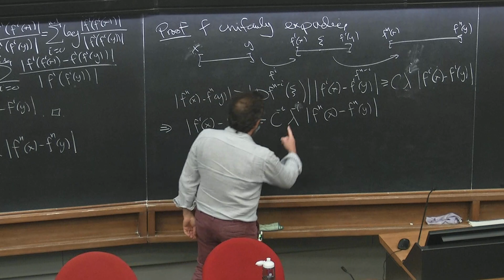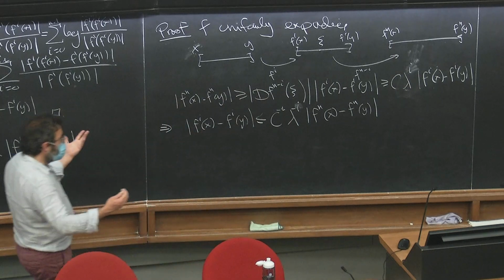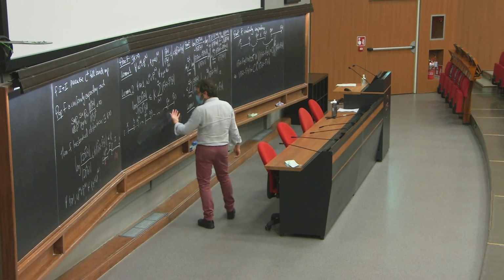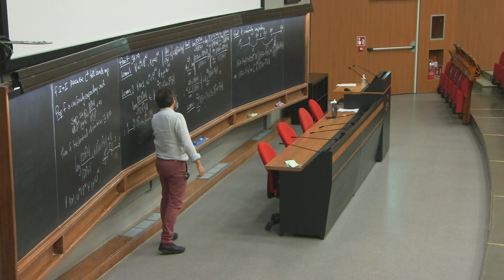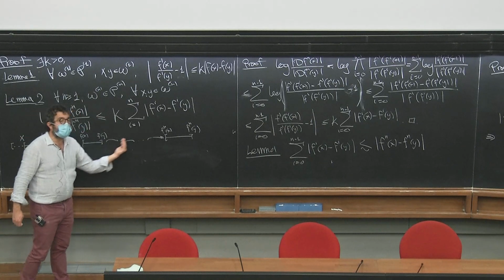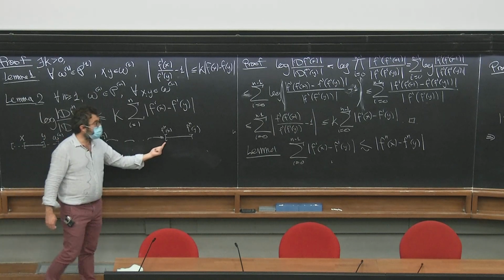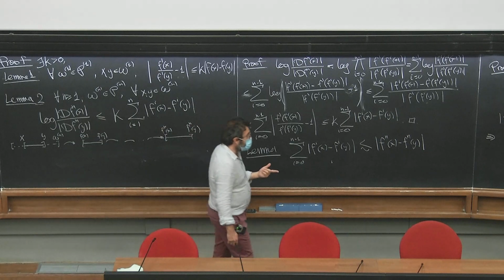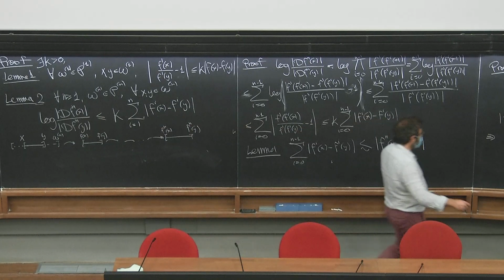So this shows simply the heuristic fact that these intervals here are exponentially decreasing in size, as I said about them. So then this is obvious, right?